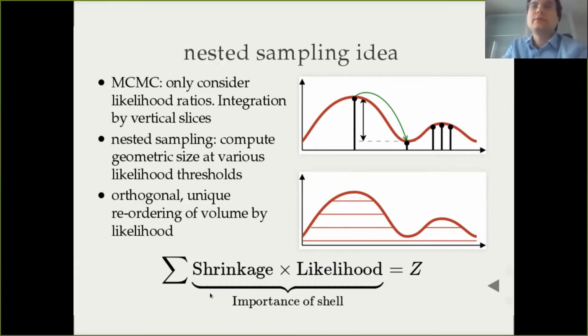So you basically take a sum and you compute the likelihood times how much smaller the upper slab is than the previous slab. And you basically make these kind of pyramids.